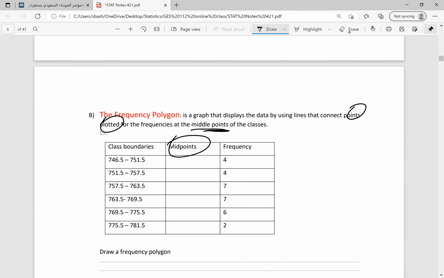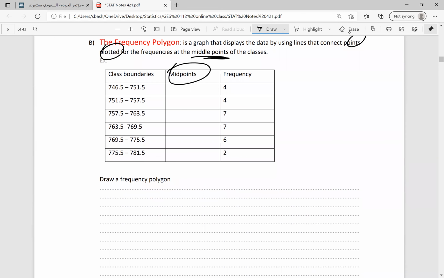The midpoint can be found by adding the lower limit plus upper limit, or the lower boundary plus the upper boundary, divided by 2.